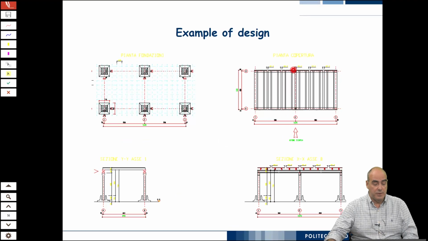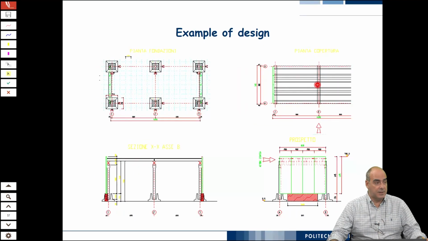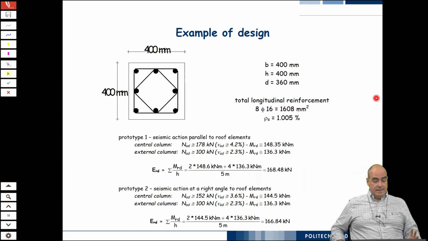So this column here takes the load from half on the left, half on the right. In this other case here it is similar. Simply, in this case, the weight of the beams is equal everywhere because the beams are like this, and you share the columns.